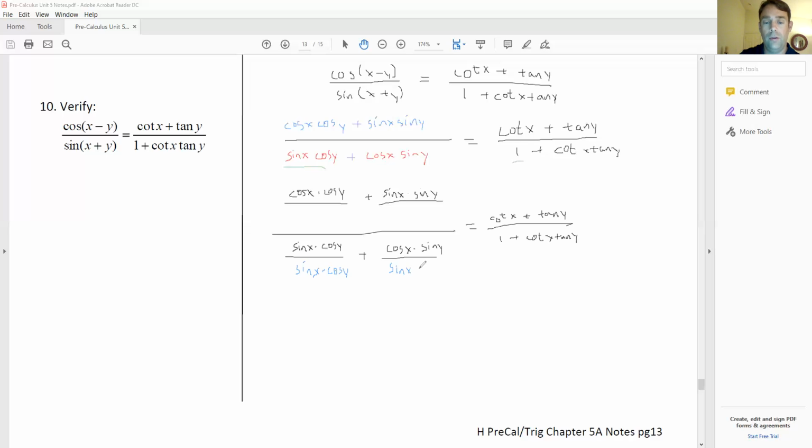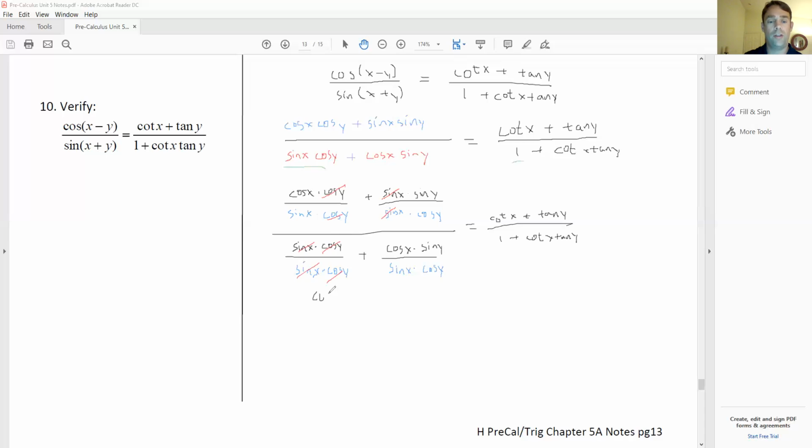So sine x times cosine y, sine x times cosine y, sine x and cosine y. We're canceling out everything that is common. So the cosine y's will go away, the sine x's will go away, these all go away. And whatever's left, that's where we're going to line up.